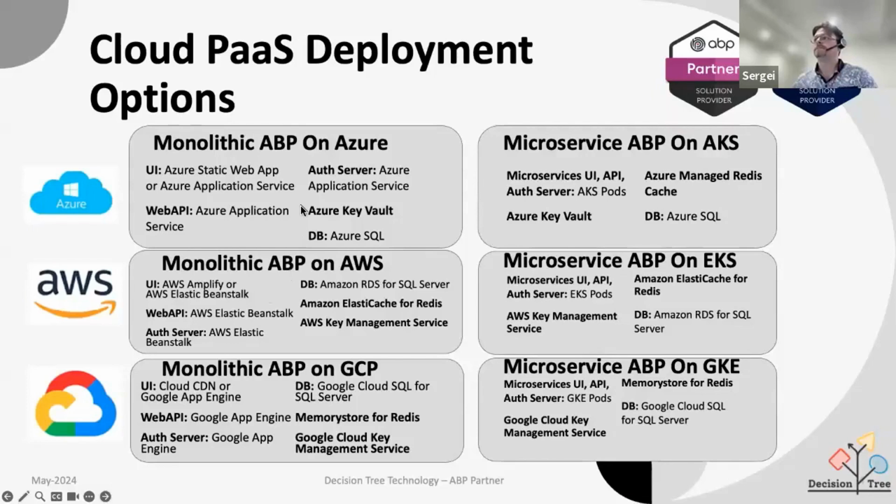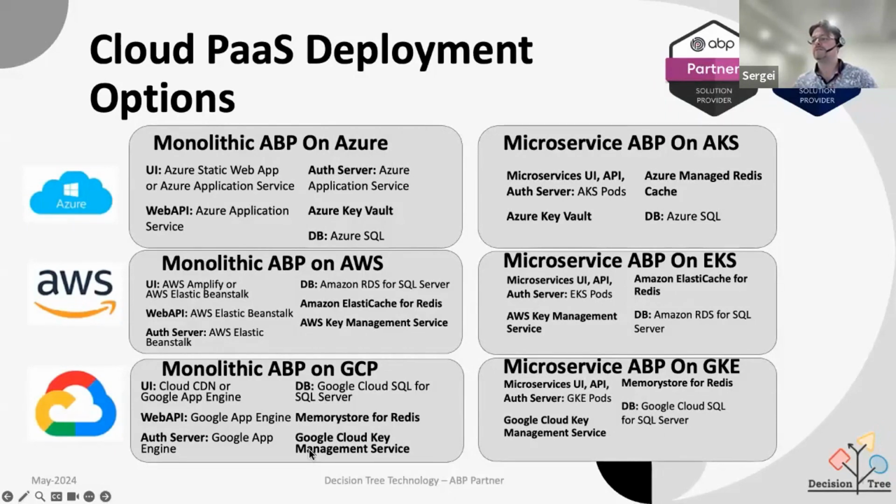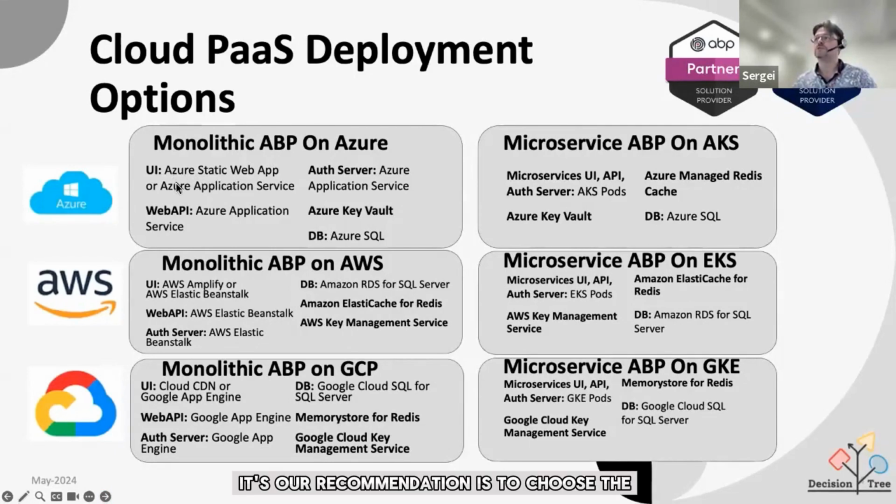And if we go with the simplest option of monolithic ABP deployment on one of these cloud services, our recommendation is to choose the native application services for that cloud vendor.